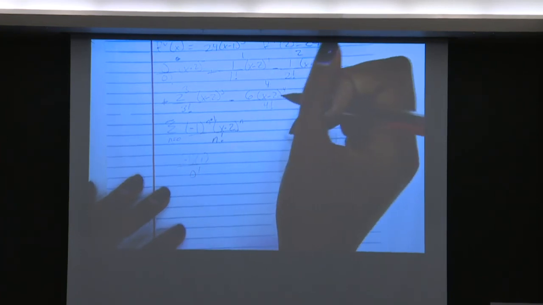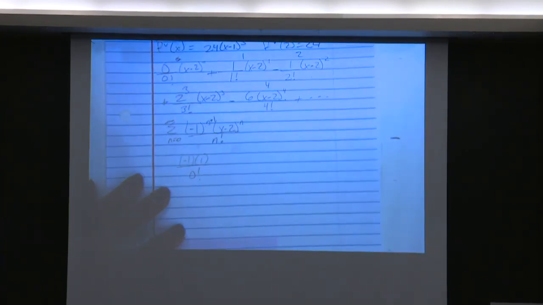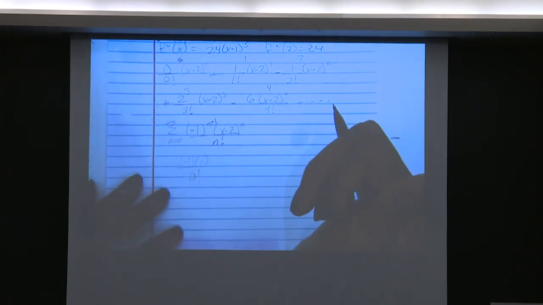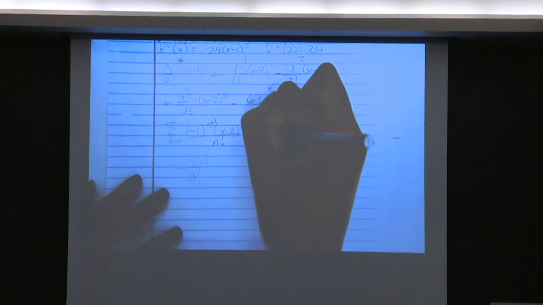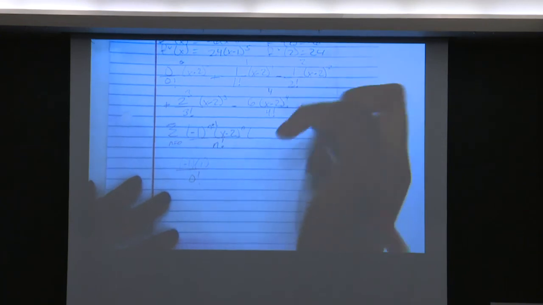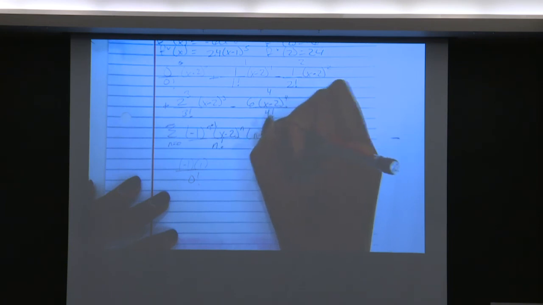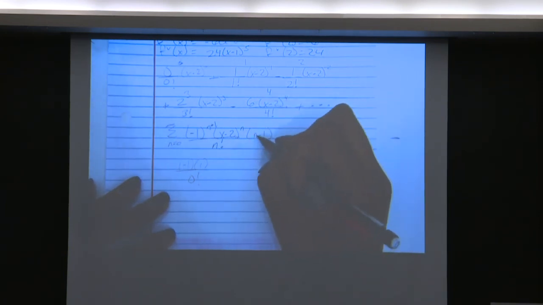On the top, is that what you're saying? Let me see. So if it's n minus 1 factorial and I put a 2, then that gives me 1, yes.